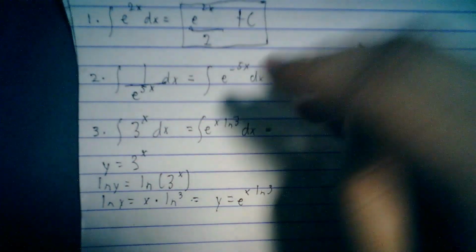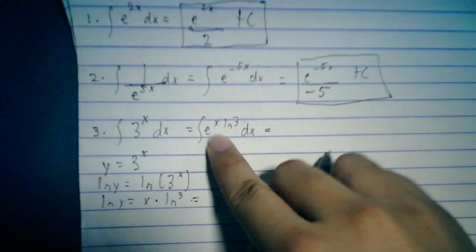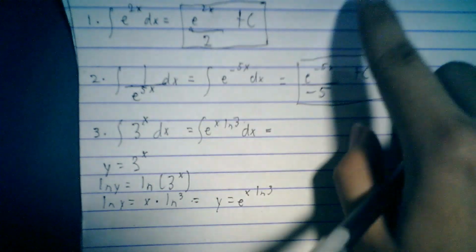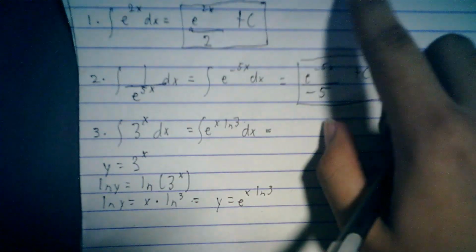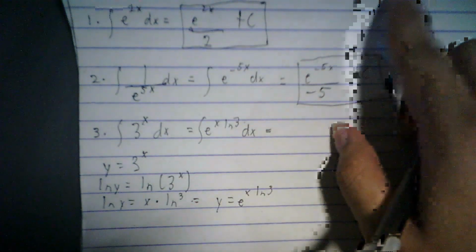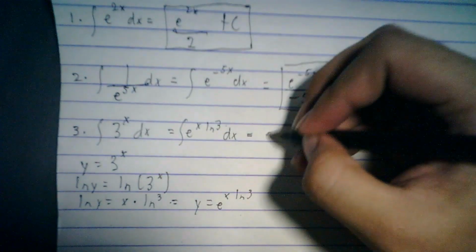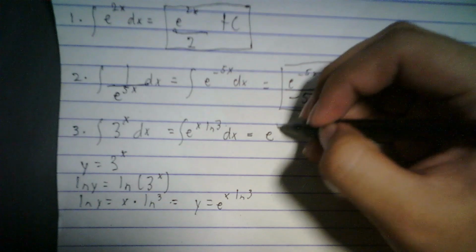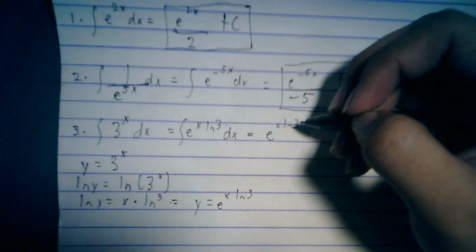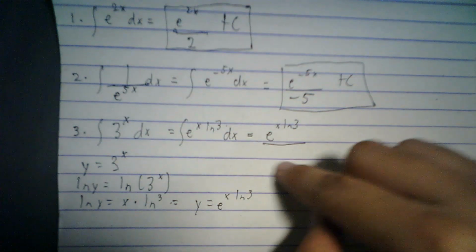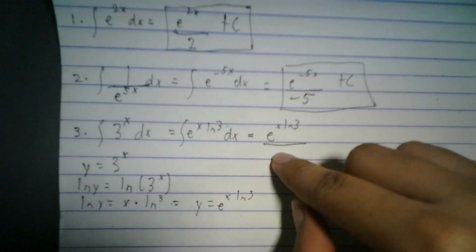So what do you guys think we need to do here? Of course, we need to copy it first, because that is the e raised to bx, so that's equals to e raised to bx over b. So we need to copy it first, e raised to x ln of 3 over, what do you guys think the denominator here?